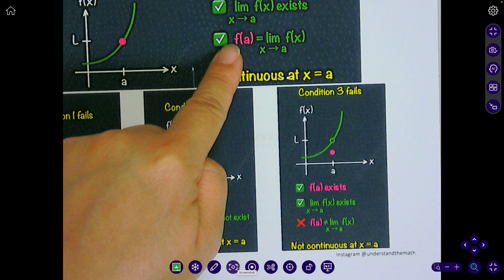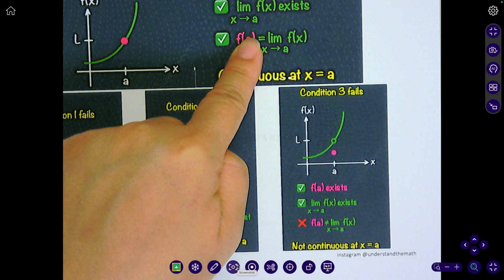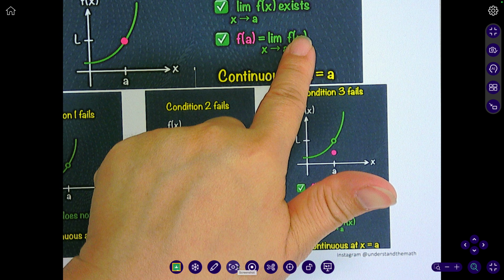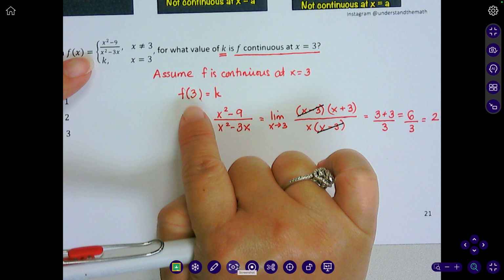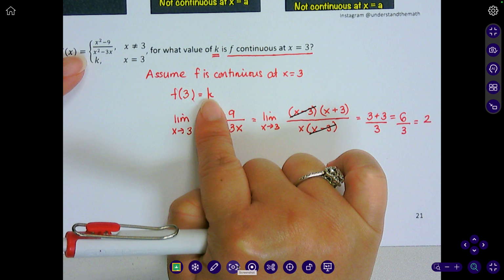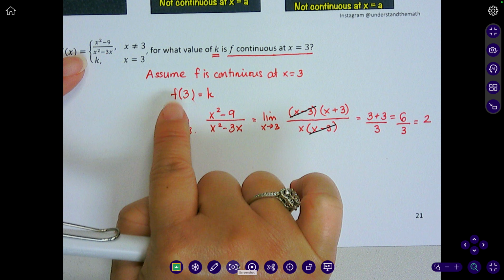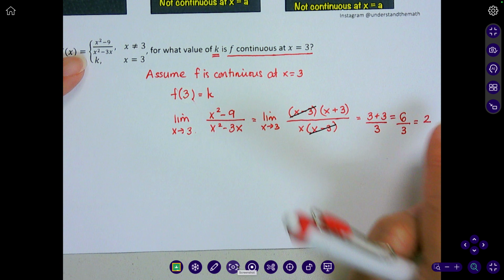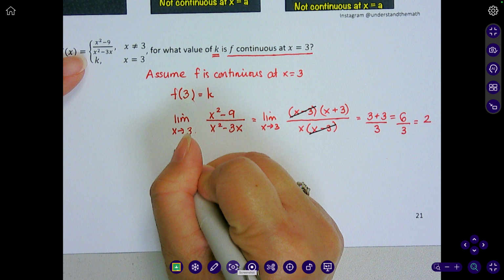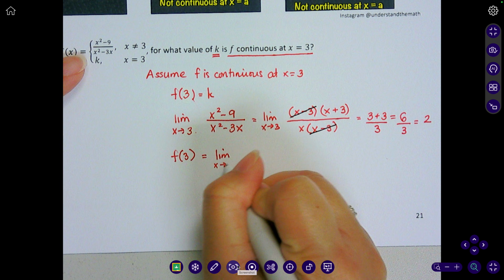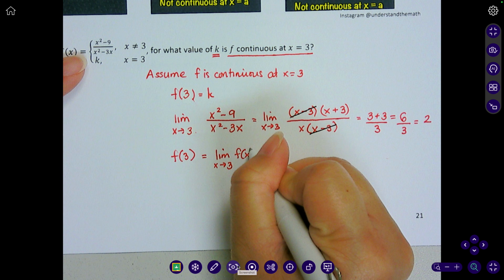The last condition says that the y value of your point has to be the same as the y value of the limit. Do you guys see that? You agree with me, the y value of the point is k. The y value of the limit is 2. So that means k has to be 2 in order for f of 3 to be equal to the limit as x approaches 3 of f of x.